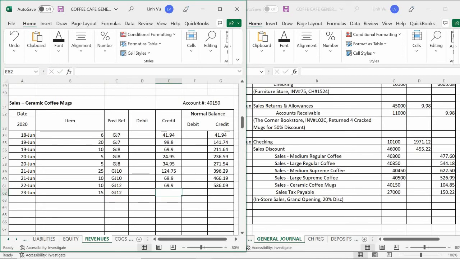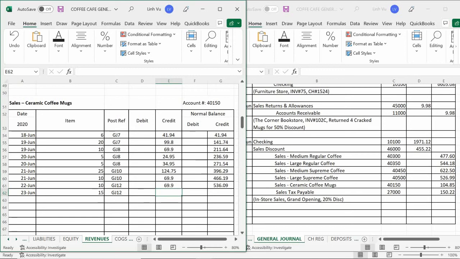I couldn't see where it says supreme coffee or regular, or any other type. The word was a little bit covered up. What do you mean? On the ledger, on the journal? Which one?